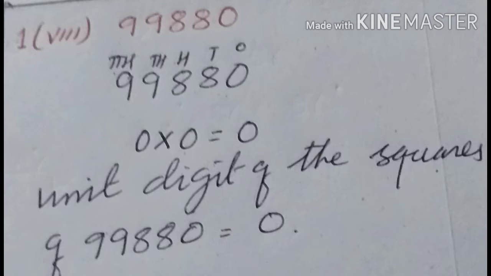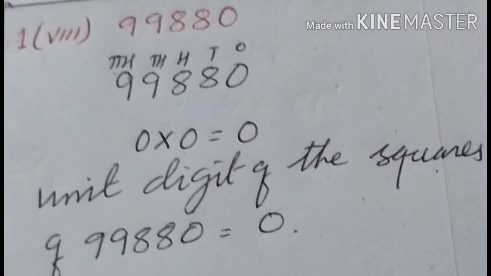In order to find the square of 0, we have to multiply 0 by 0. 0 into 0 will be 0. Therefore the unit digit of the square of 99880 will be 0. This is the simplest method. No need to find the square of the whole number. We only have to find the square of the unit place digit. Clear? Now next I'll do a different type of question.